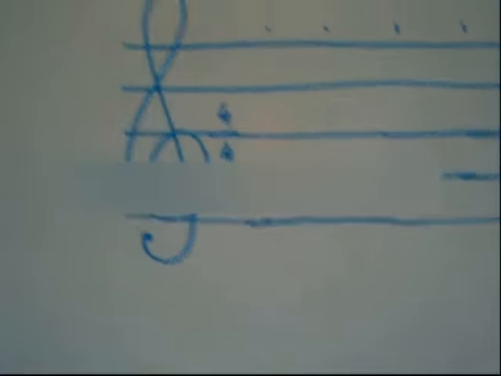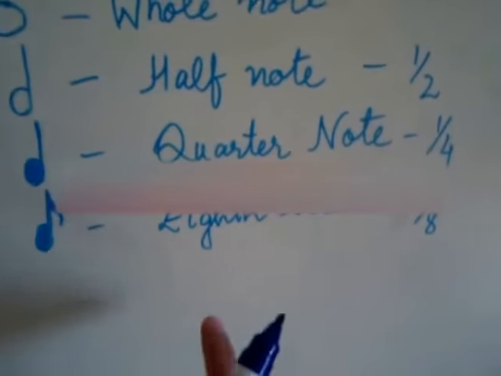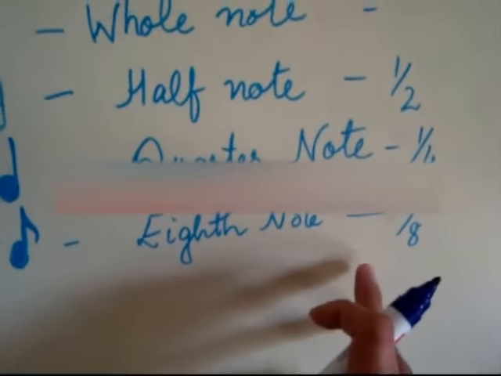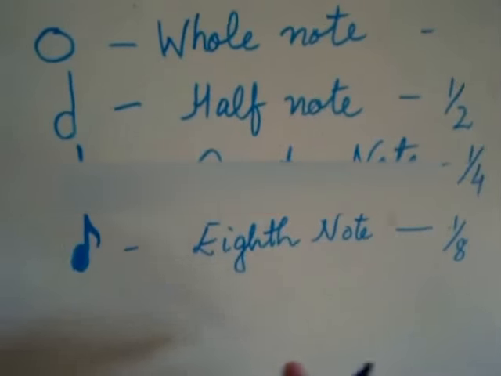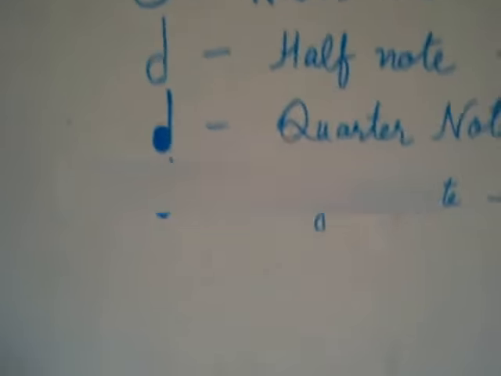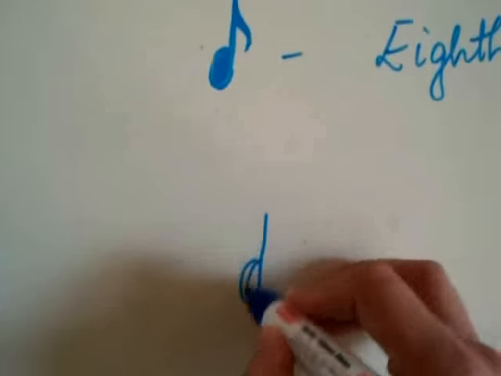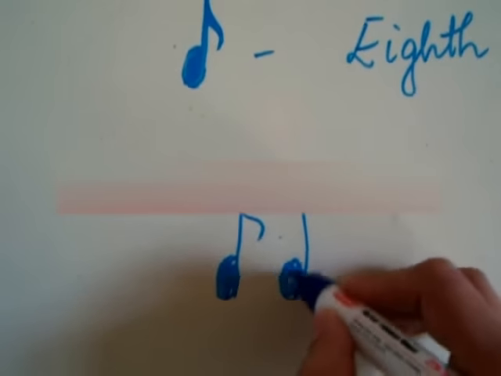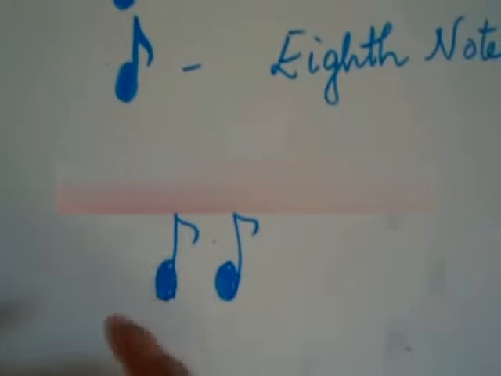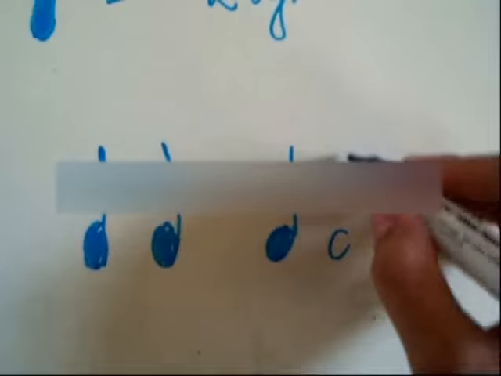And there is another thing. Before telling you this, I have to tell that when there are two 8th notes together and they're in one measure, then you can do the beaming on the notes. Suppose you have to write two notes like this, then instead of writing like this, you can write like this.